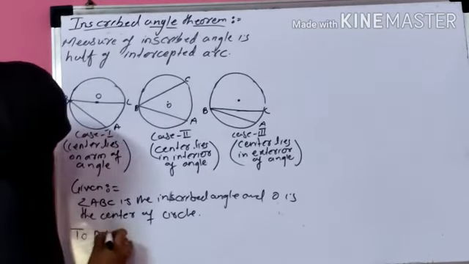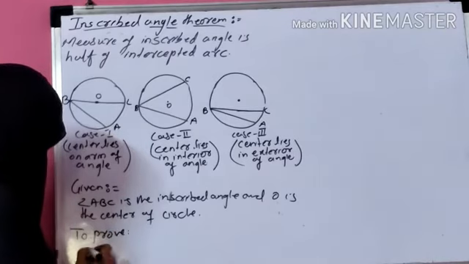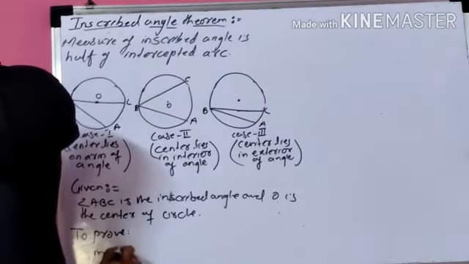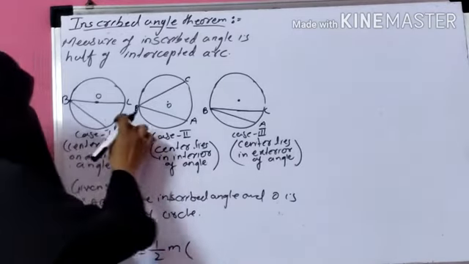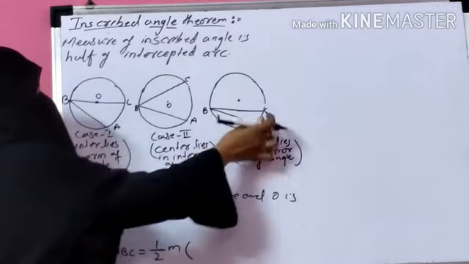To prove: the measure of angle ABC, that means the measure of the inscribed angle, is half of the measure of the intercepted arc AC.